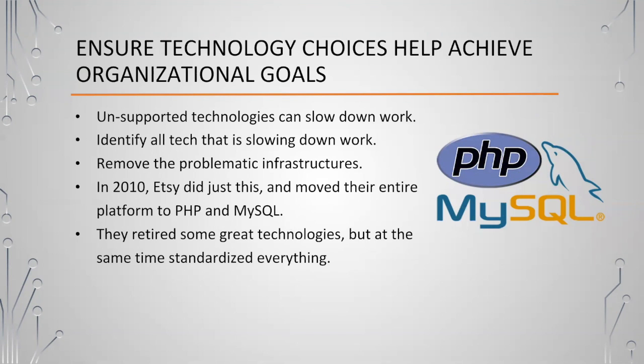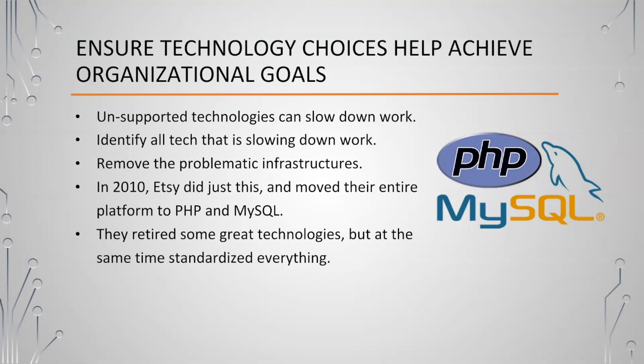Unsupported technologies will inevitably slow things down. They'll slow down the workflow. So the first thing we want to do is identify all the technology that's slowing down work and remove the problematic technologies from the infrastructure. That can be hard sometimes because there can be some really good technologies, but maybe they're just not working out with our system.